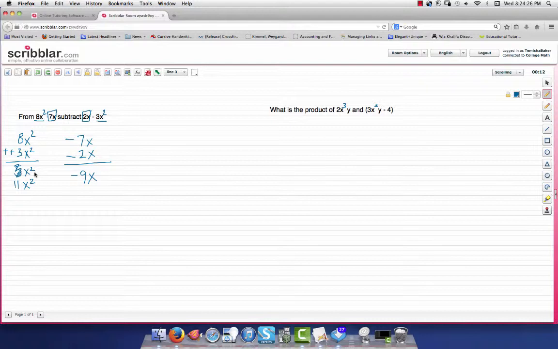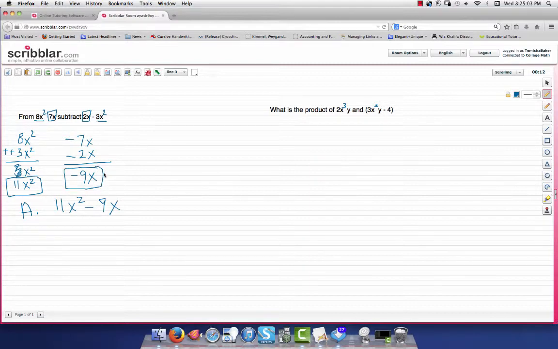The answer choices on here are A, 11x squared minus 9x, B, 5x squared minus 5x, C, 6x squared minus 4x, D, 10x squared minus 10x. So it's our first answer choice, which is A, which is 11x squared minus 9x. Okay, because these are the two terms that we have, 11x squared and a minus 9x.